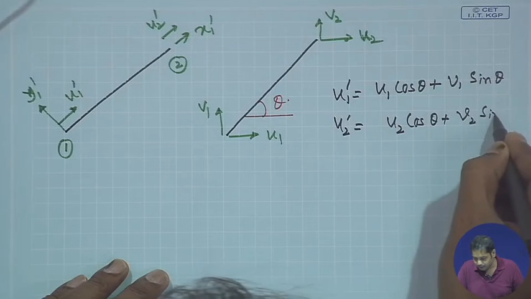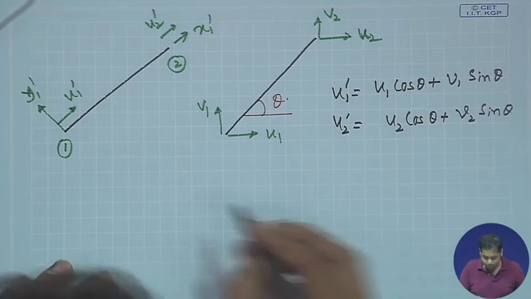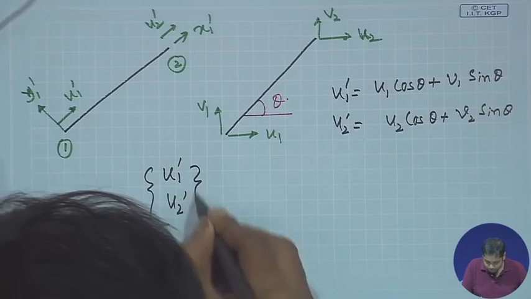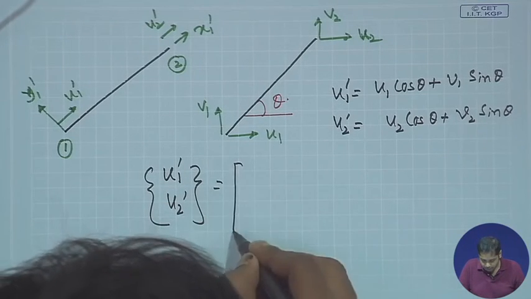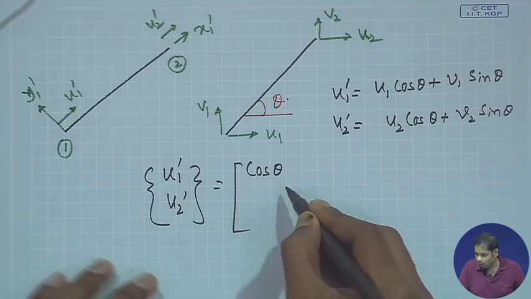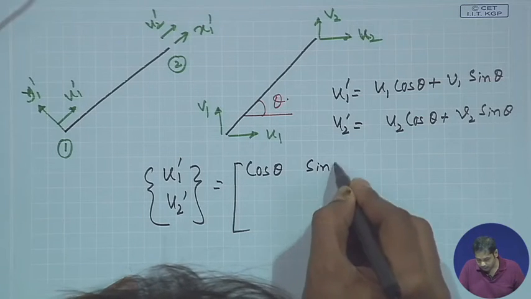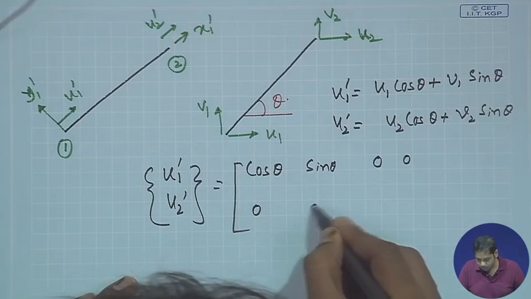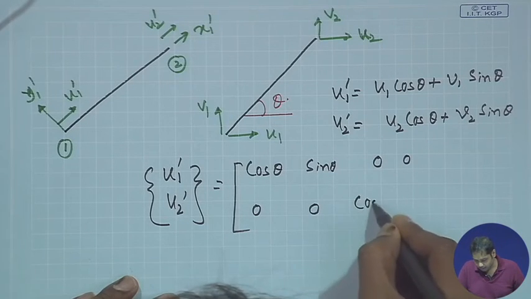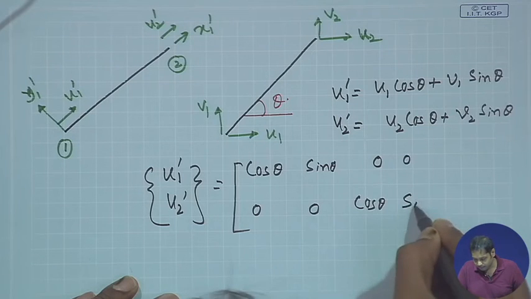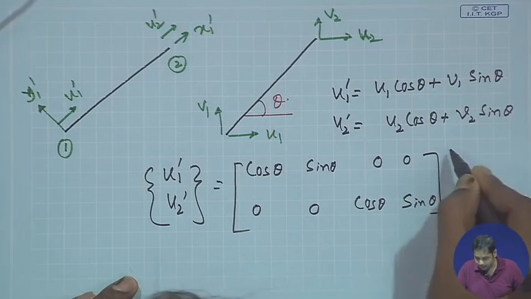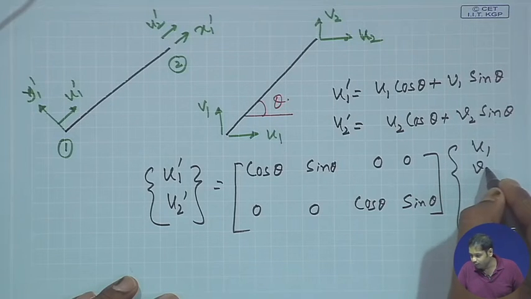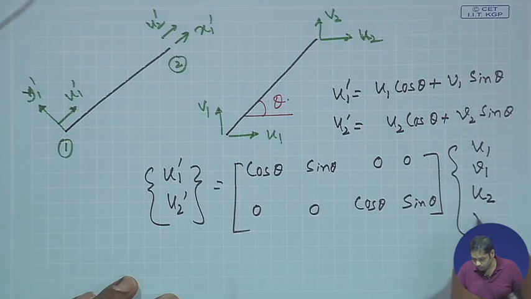I am just writing the final expression, and if you write that in matrix form, then U1 dash, U2 dash is equal to cos theta, sin theta, 0, 0, and then 0, 0, cos theta, sin theta, multiplied by U1, V1, U2 and V2.